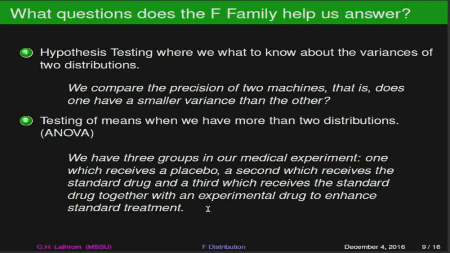So really we've got 3 different treatments here, one for the placebo, one for the standard of care, and one for an enhanced standard of care. That's a pretty reasonable situation that we could be dealing with, where the multiple t-tests are not going to do the job for us, and we need something stronger with the analysis of variance.